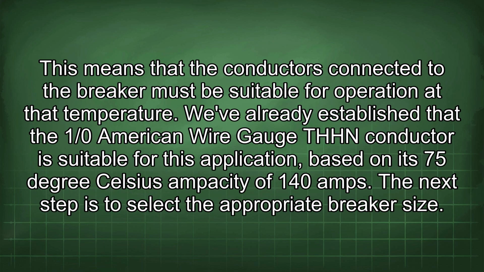This means that the conductors connected to the breaker must be suitable for operation at that temperature. We already established that the 1/0 American wire gauge THHN conductor is suitable for this application, based on its 75°C ampacity of 140 amps. The next step is to select the appropriate breaker size.